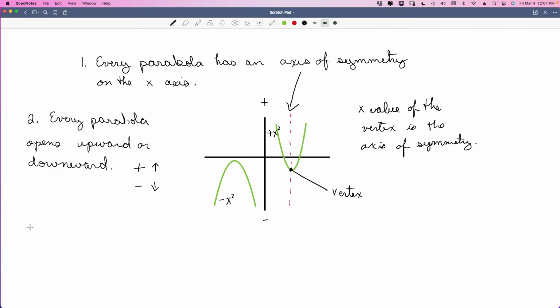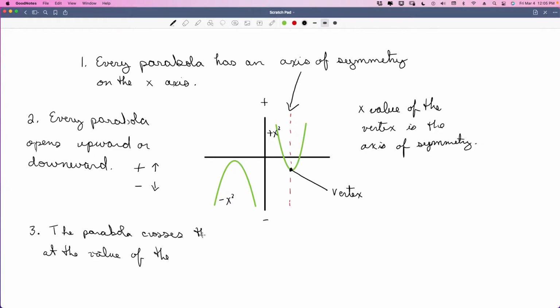Okay. Number 3, the parabola crosses the y-axis at the value of the constant.